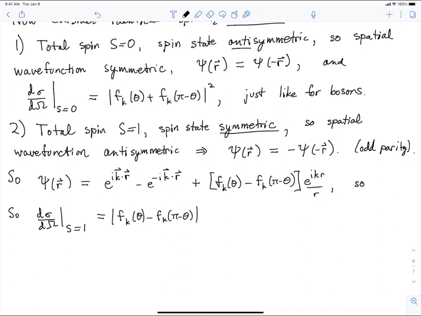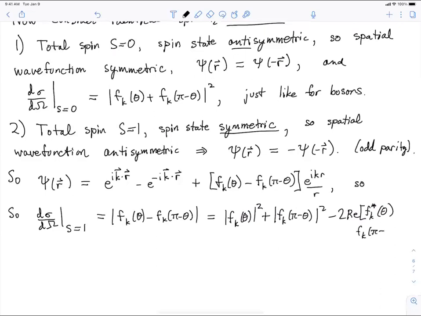And when I square that out, the only difference is that the cross term is going to get a minus sign. So now it's minus 2 times the real part of f_k star of theta, and I've run out of room here, f_k of pi minus theta.